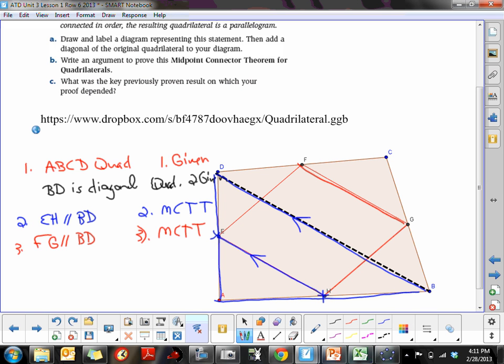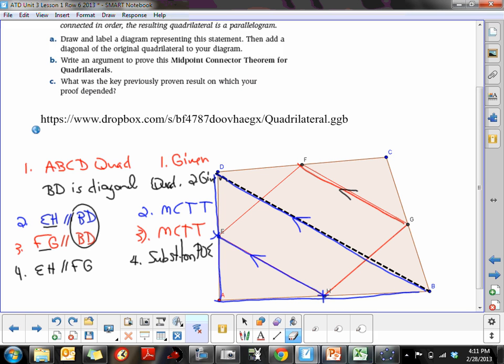So if EH and FG are both parallel to the same line, then they have to be parallel to each other. So EH has to be parallel to FG, and one of the things we could probably put in there is the substitution property of equality. So now we know that those are parallel. We've got half of our work done.